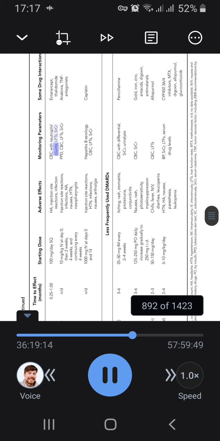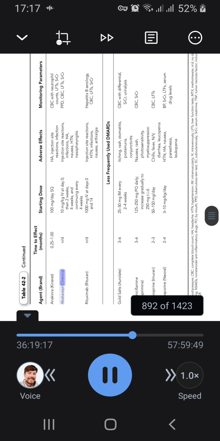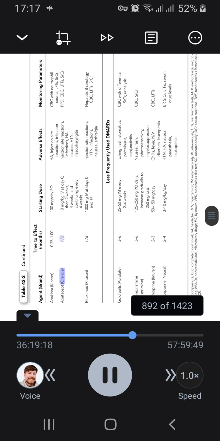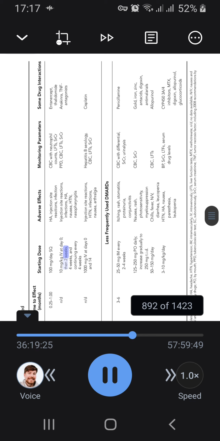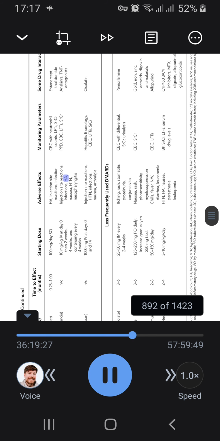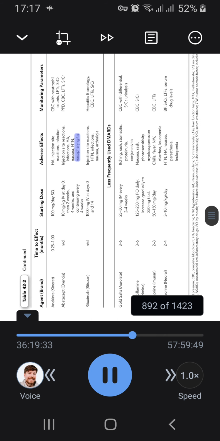Abatacept, Orencia, NTD, 10 mg/kg IV at day 0, then 2 weeks, then 4 weeks, continuing every 4 weeks; injection site reactions, infections, HA, nasopharyngitis, nausea, HTN; PPD, CBC, LFTs, SCr; anakinra, TNF antagonists.